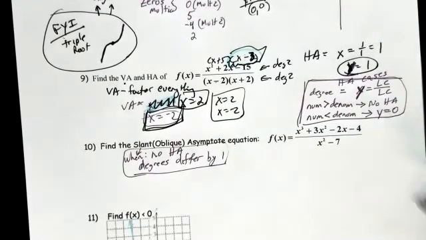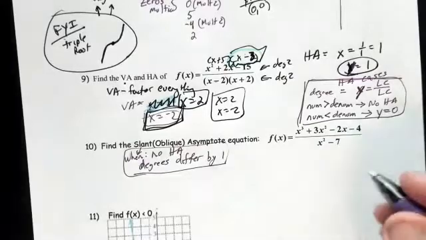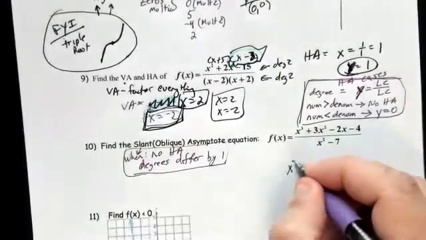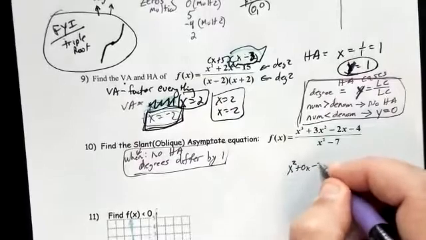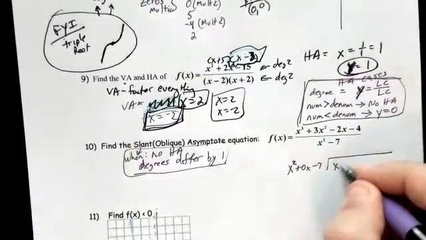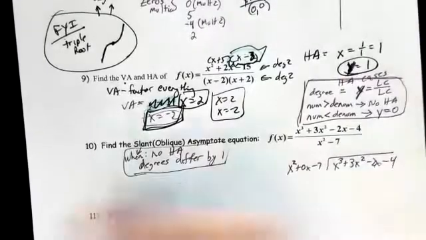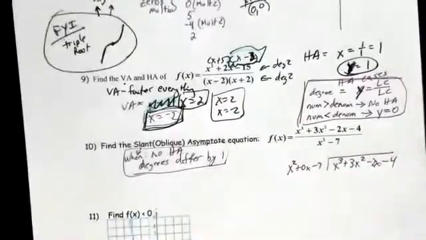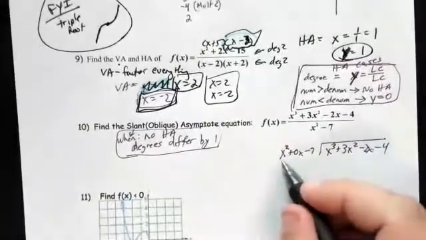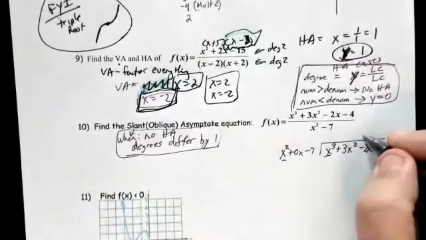Okay, so what I have to do is long divide this. We're going to go x squared plus 0x minus 7, and you can't use synthetic division, unfortunately. So you have to long divide. Again, this is stuff we did. We match the front term up, so that's an x.